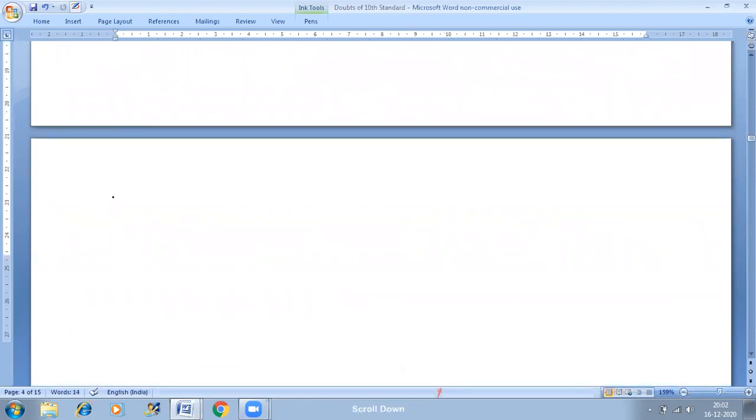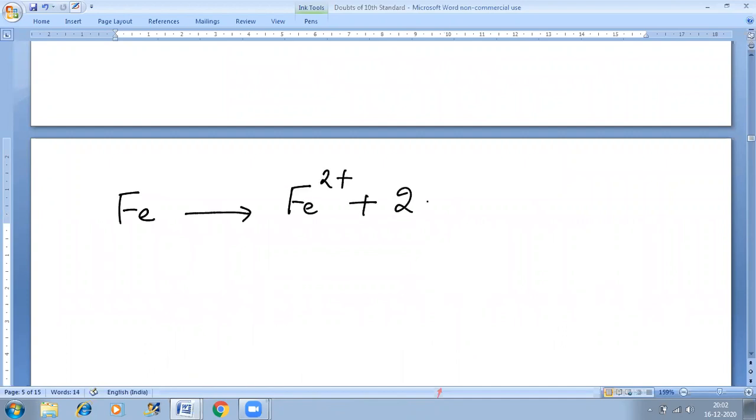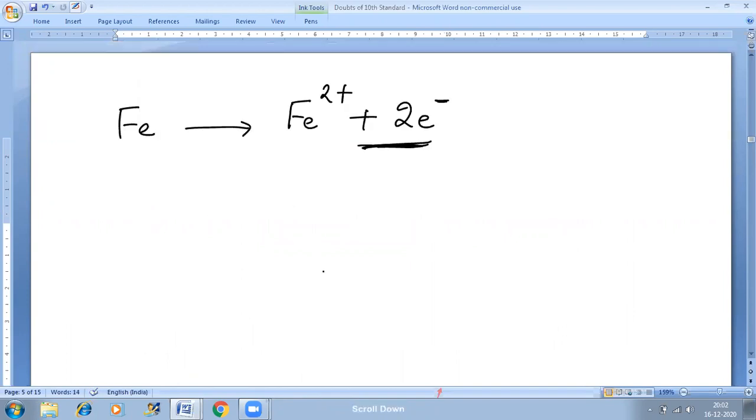Now I can see that electrons are written on the right hand side of the reaction, plus 2 electrons. So plus 2 electrons is written on the right hand side of the arrow.